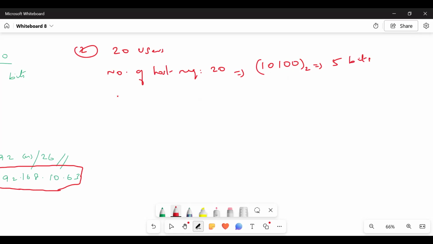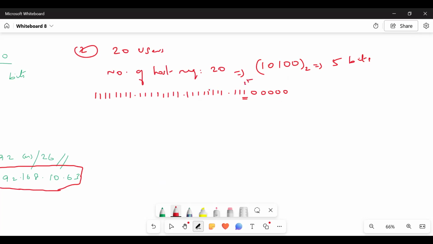Again, we are going to reserve 5 bits at the right-hand side: 8 bits dot 8 bits dot 8 bits, with 5 bits only in the last octet. The first one is the encoding position, 2 power 0, 1, 2, 3, 4, 5.